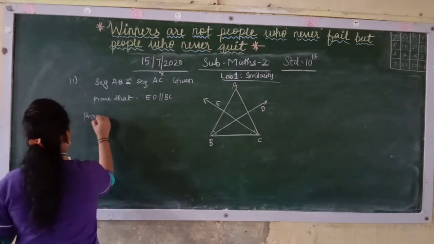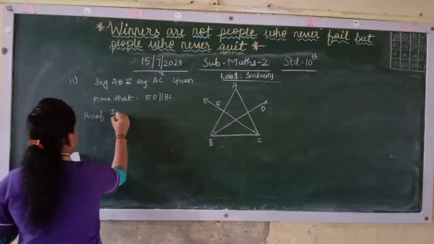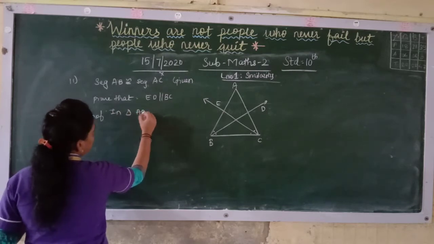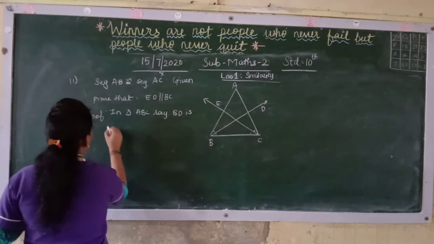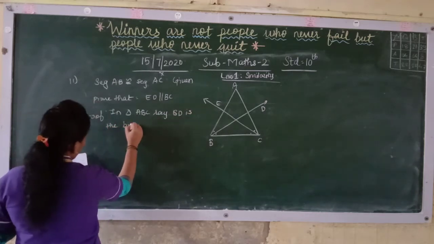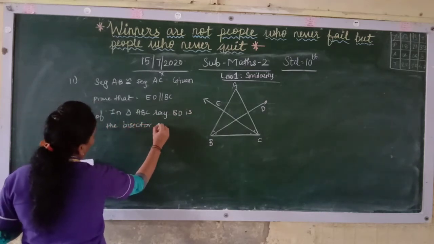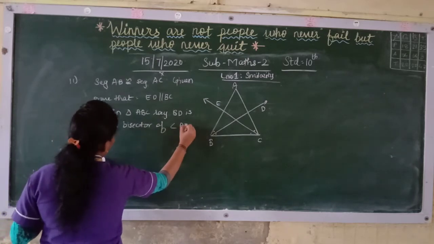So first you will write in the proof: in triangle ABC, ray BD is the bisector of angle ABC.